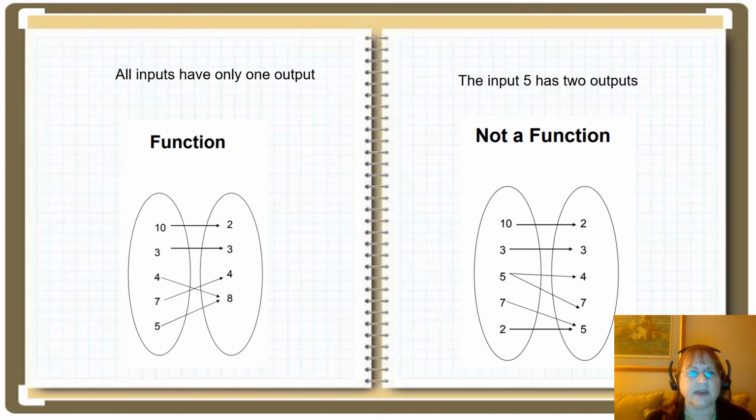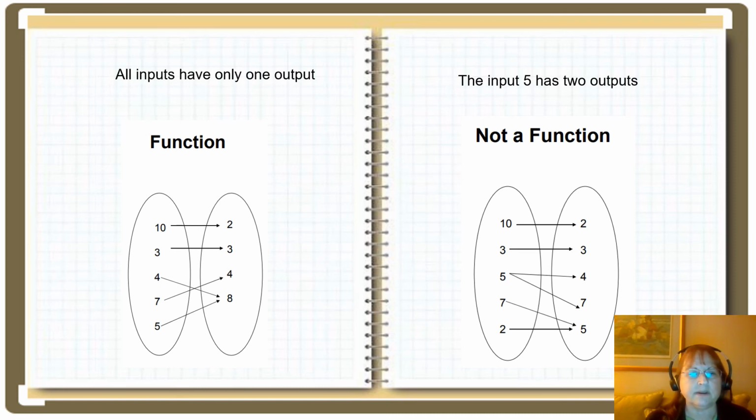Another way of looking at functions and relations is using mapping diagrams. We have a mapping diagram with a domain that includes the values on the left, 10, 3, 4, 7, and 5. Each of those input values on the left, or those domain values, are only mapped to one output value.